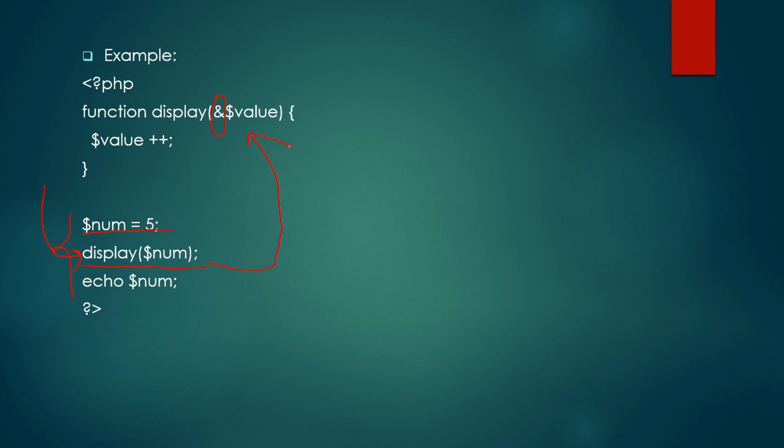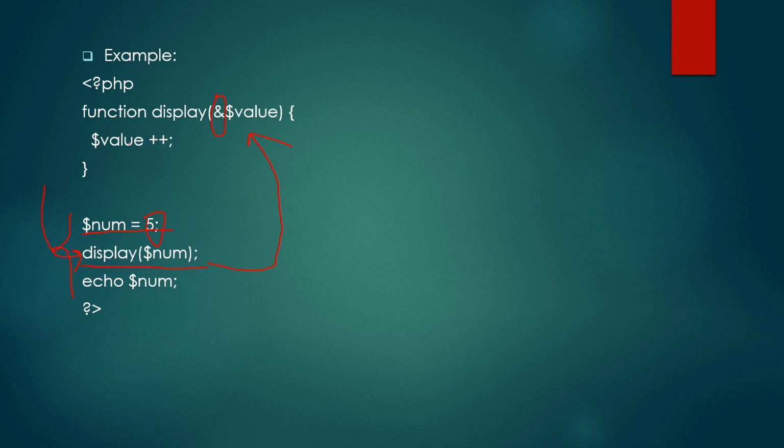So here we are taking this value 5 inside another variable. That means we are making a copy of this variable. So here both the variables are holding the same value, and now I am just incrementing this variable value.